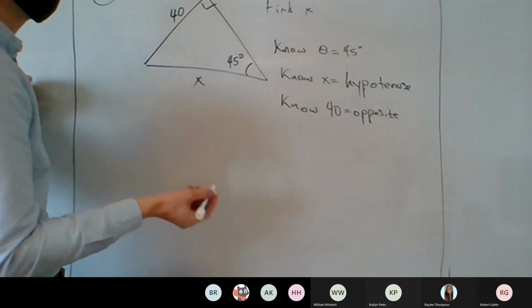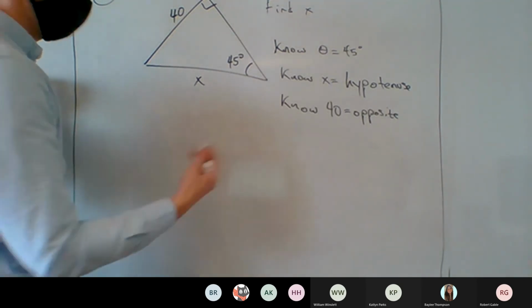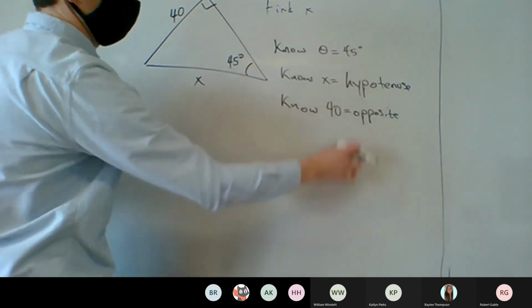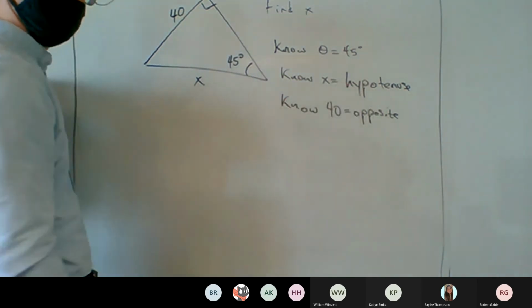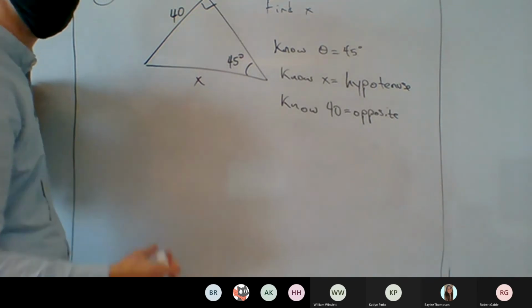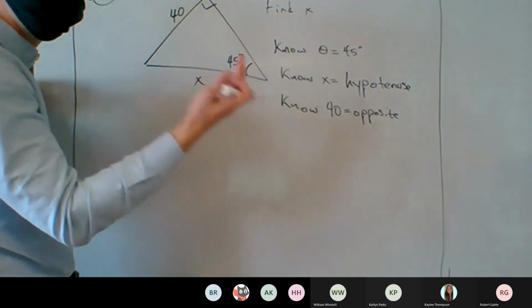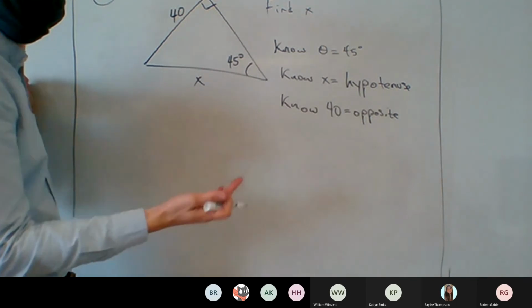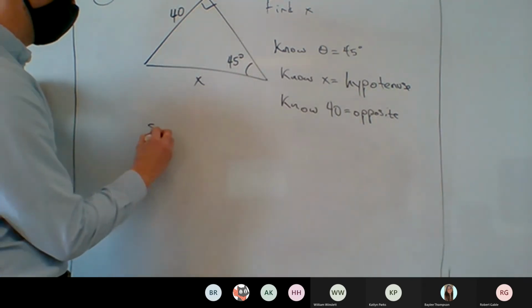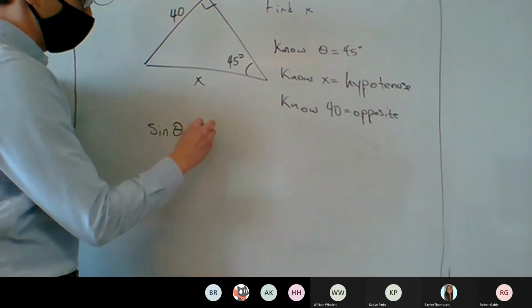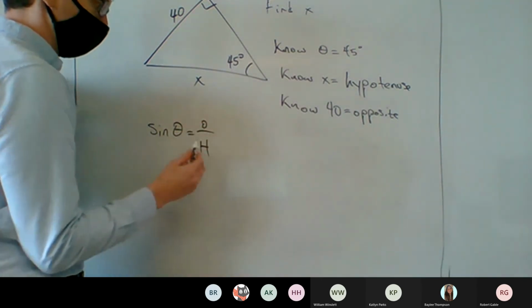So what trig function takes in an angle and spits out opposite and hypotenuse? You could say cosecant does, or also sine. Probably you would say sine because that's the one we're all more familiar with. Sine is equal to opposite over hypotenuse.